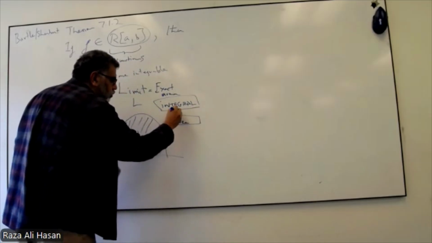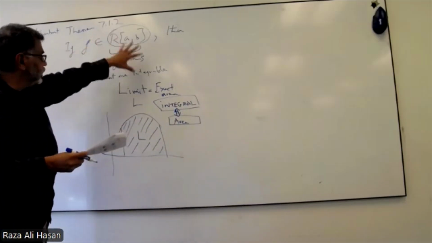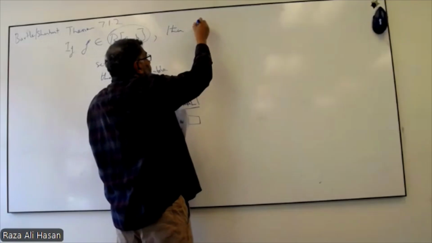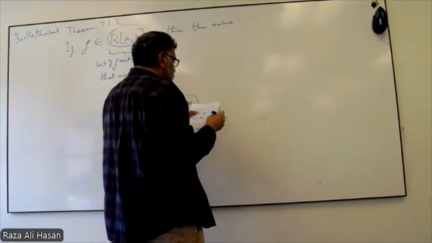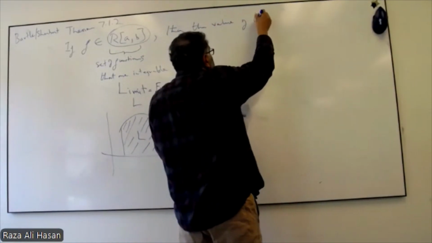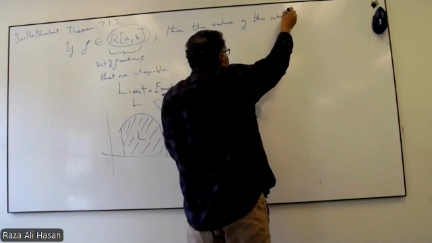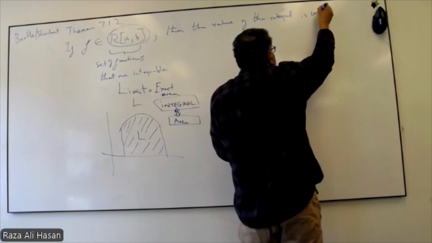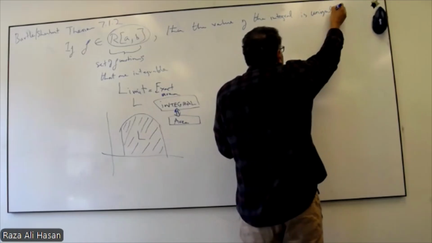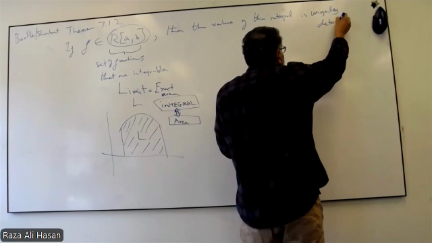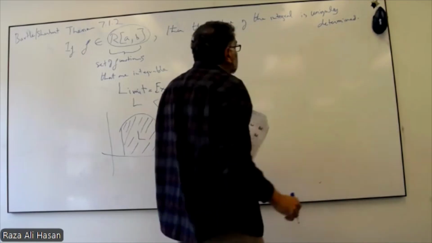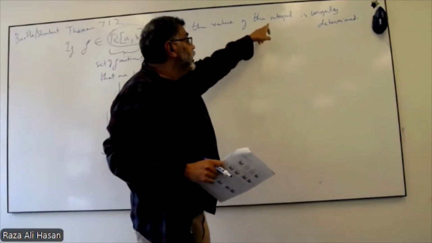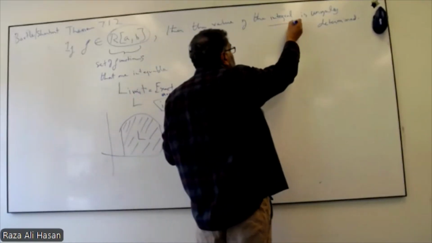Okay, so then if this is the case, the value of the integral is uniquely determined. So uniquely determined as in calculated. So the integral is unique. Unique means one.